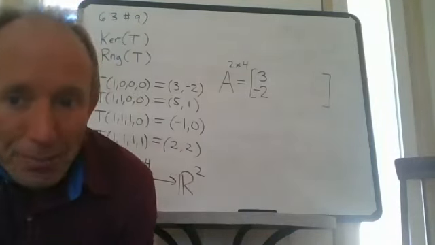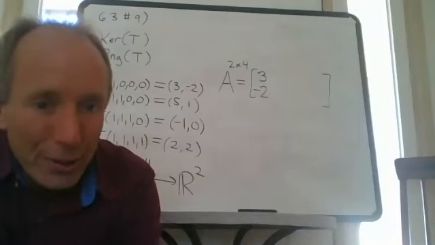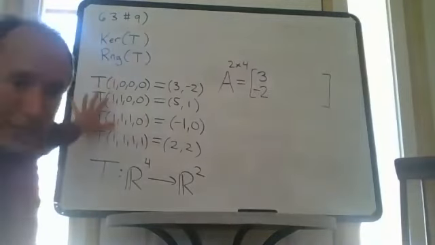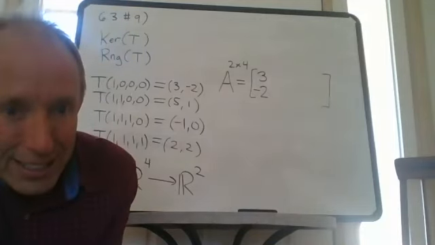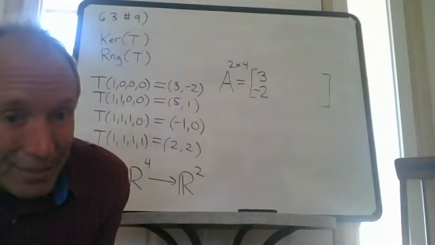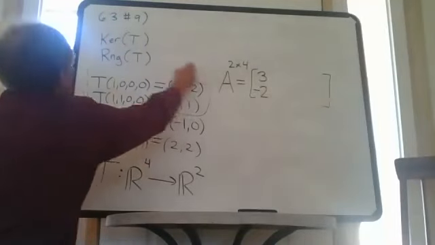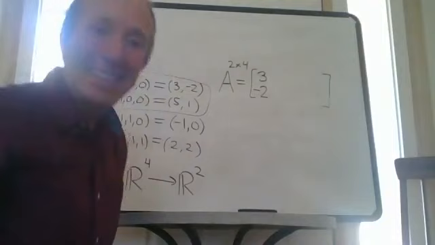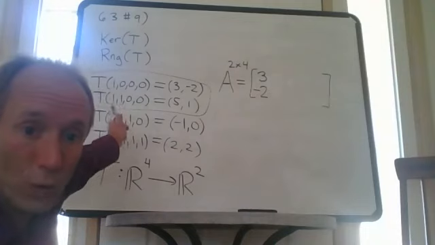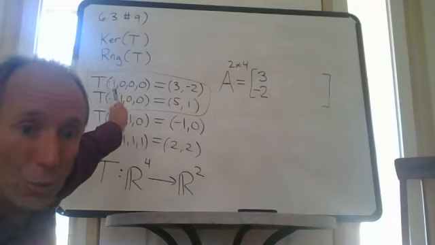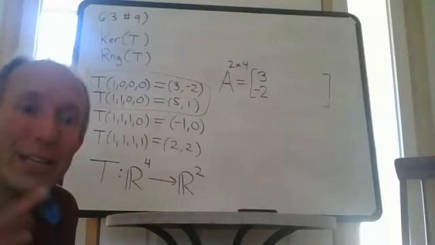For the second column, we have to write down T of 0, 1, 0, 0. Now, you might notice that in this information here, they did not tell us what T of 0, 1, 0, 0 is. But we can get it from this information. If you look at the first 2 pieces of information there, you might notice that on the left side, if you take 1, 1, 0, 0, and you subtract 1, 0, 0, 0, you'll get exactly 0, 1, 0, 0.